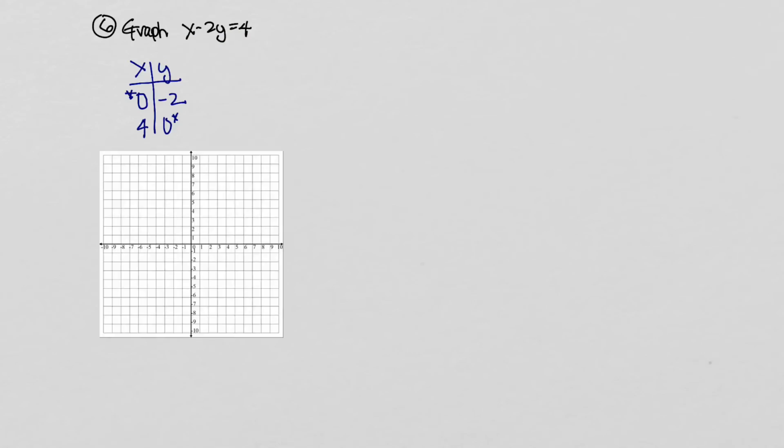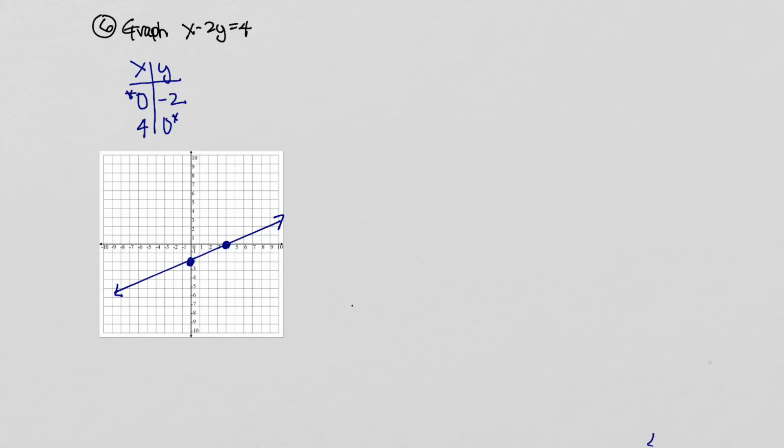Then to construct the graph, we'll just plot these 2 points. 0, negative 2 is here, and 4, 0, that's over here. And now we'll do our best to draw a line through these 2 points. I'm using a straight edge on this one. And there's our graph. Just remember what the graph tells us now.